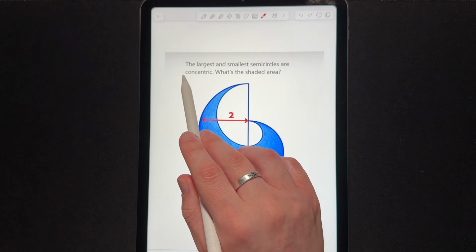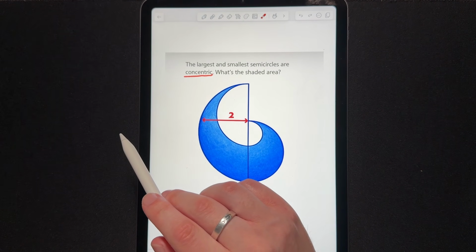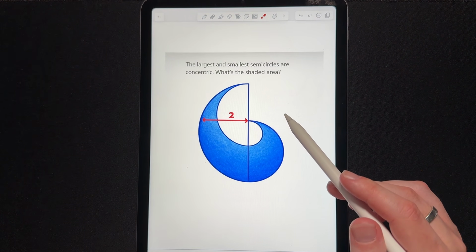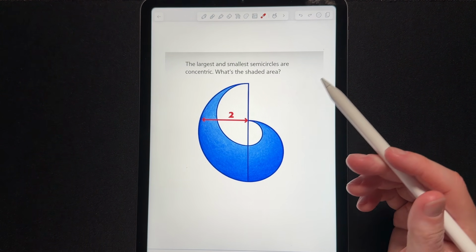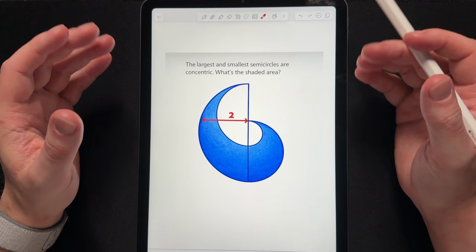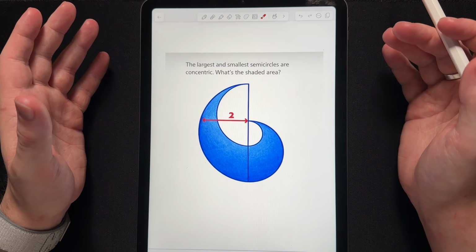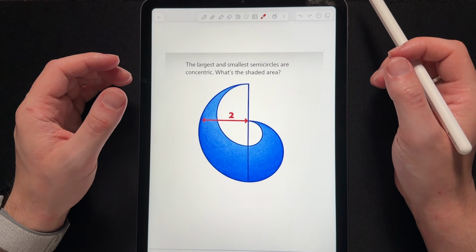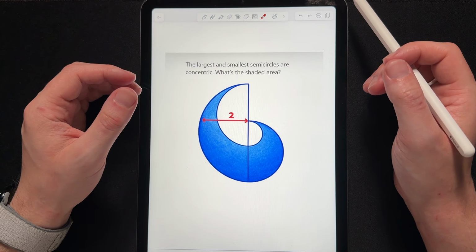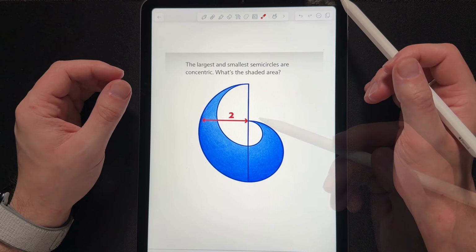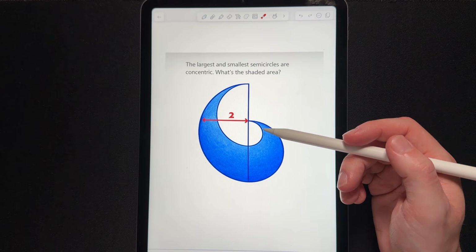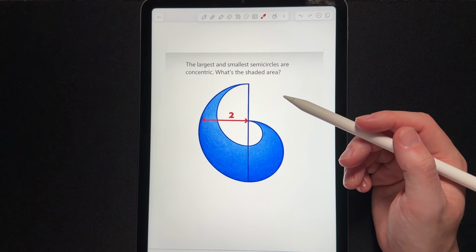So firstly, what does concentric mean? Concentric refers to two objects that are typically circles or shapes like circles, hemispheres, semicircles, spheres that have the same center.